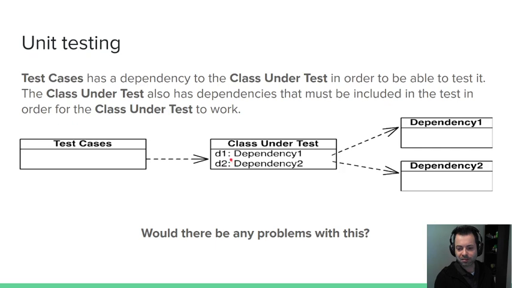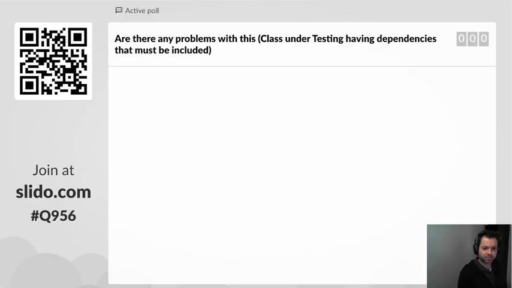This class under test has two dependencies. These dependencies could be other classes, another package, or some external application. Basically, if you are going to test this class, you need to instantiate these two things. Otherwise, it doesn't work. You get an error. Make sense? So what problems could you see with this?